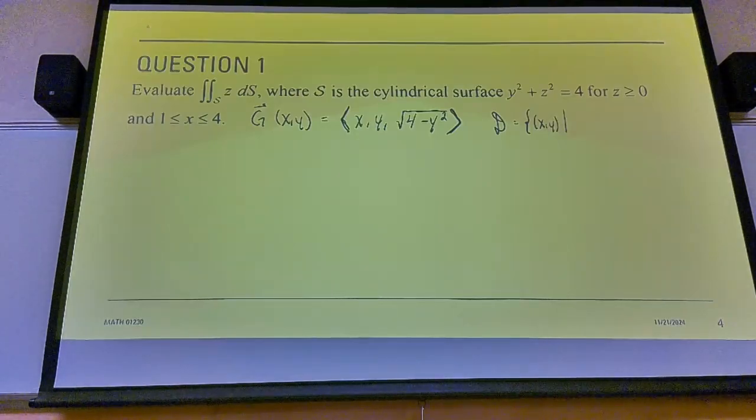We also need a domain. Well, they told us x already. What about y? Is it 0 to square root of 2?